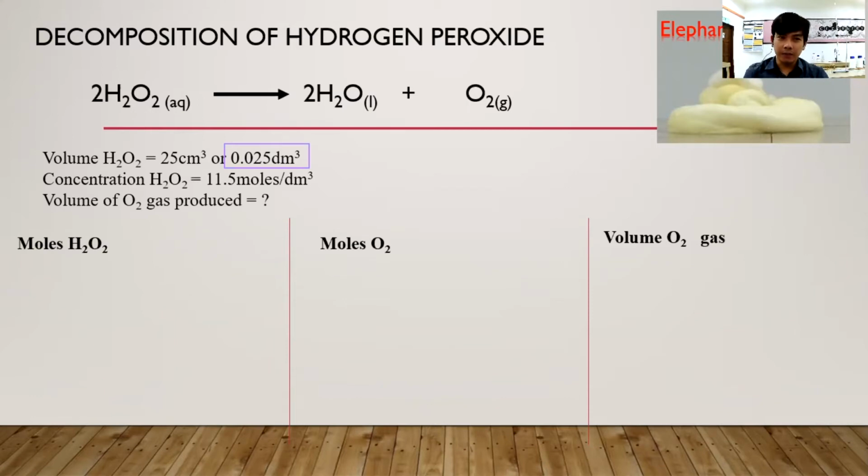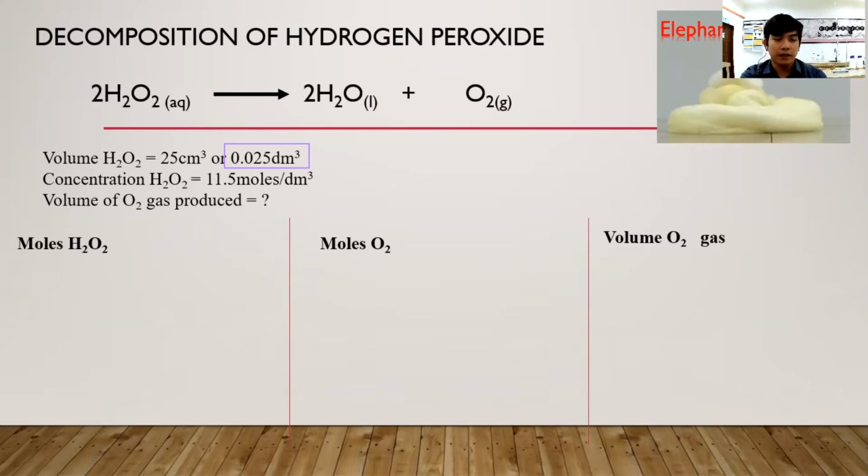Again, first thing, identify the moles of hydrogen peroxide, or H2O2. After that, calculate the moles of O2, and then the last part, you can get now the volume of oxygen gas. Later, I'm going to show you an IGCSE past year paper which asks the same question.